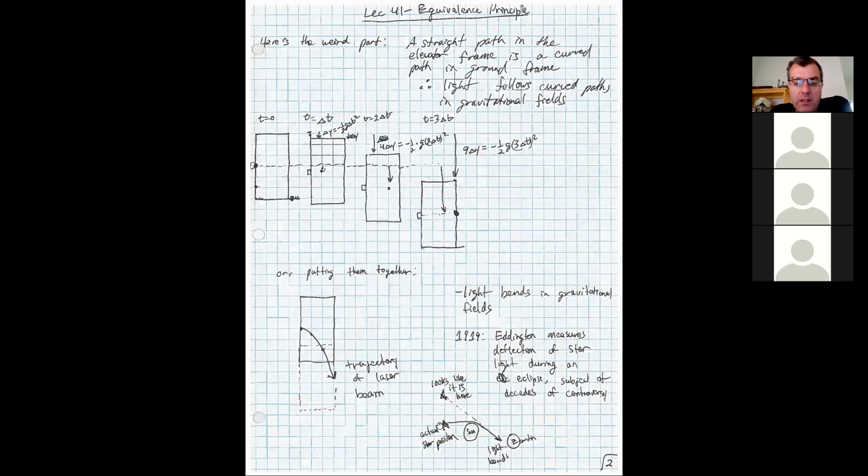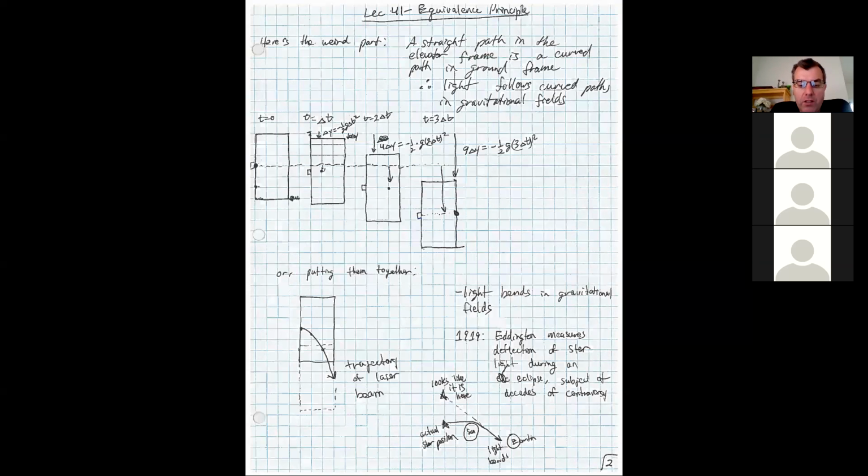But because the light going from that star passes right near the sun, its path gets bent. And so when it travels to Earth, it travels as though it came on a different path. It's following a curved path in the gravitational field of the sun. It comes to Earth at this angle when its path gets bent. It looks like it comes from over there.